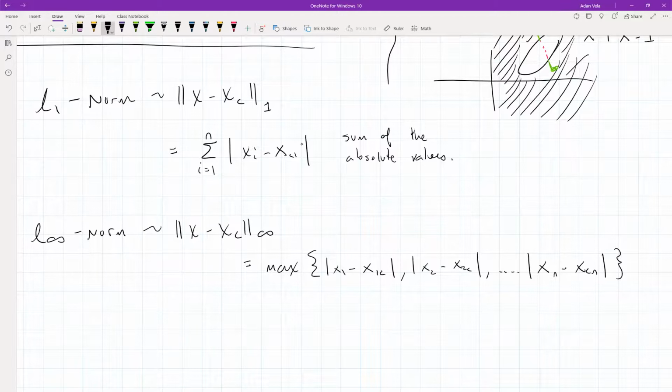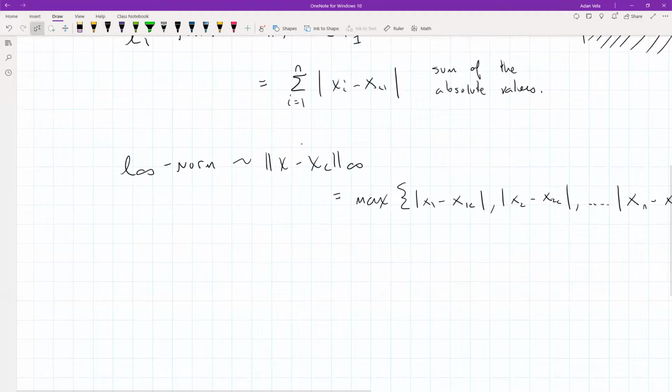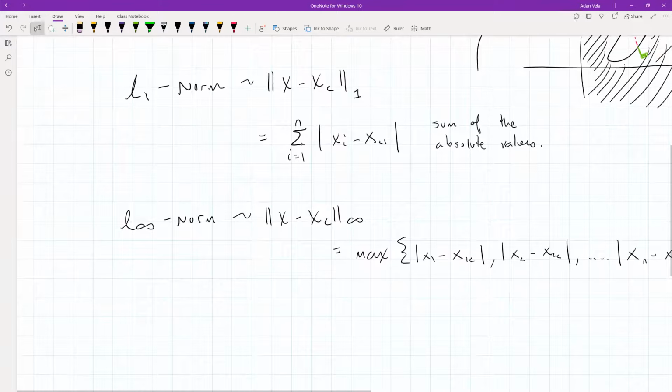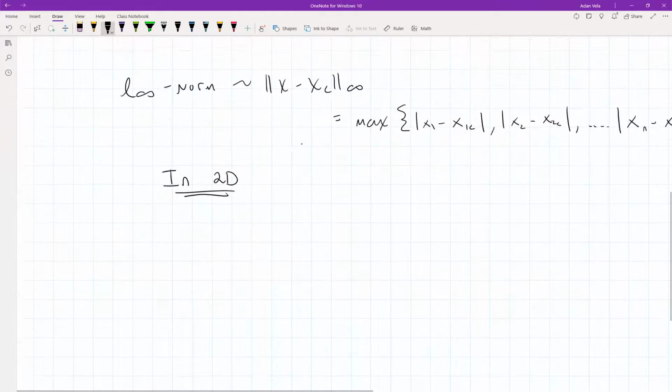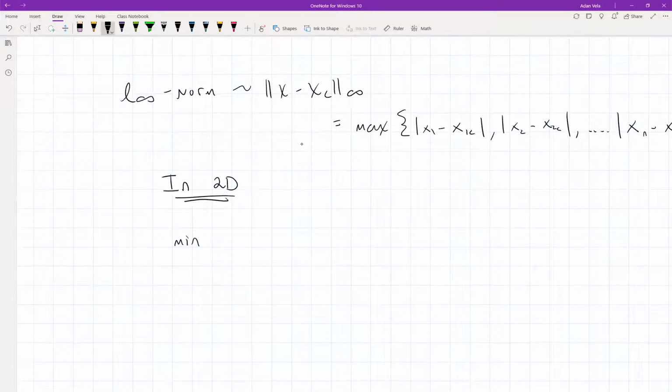So it's sort of nice to have a representation of these in 2D space, right? So if we have minimize some function f of x, and let's say we're going to subject it to the 1 norm of x minus (5, 3) less than or equal to 5.